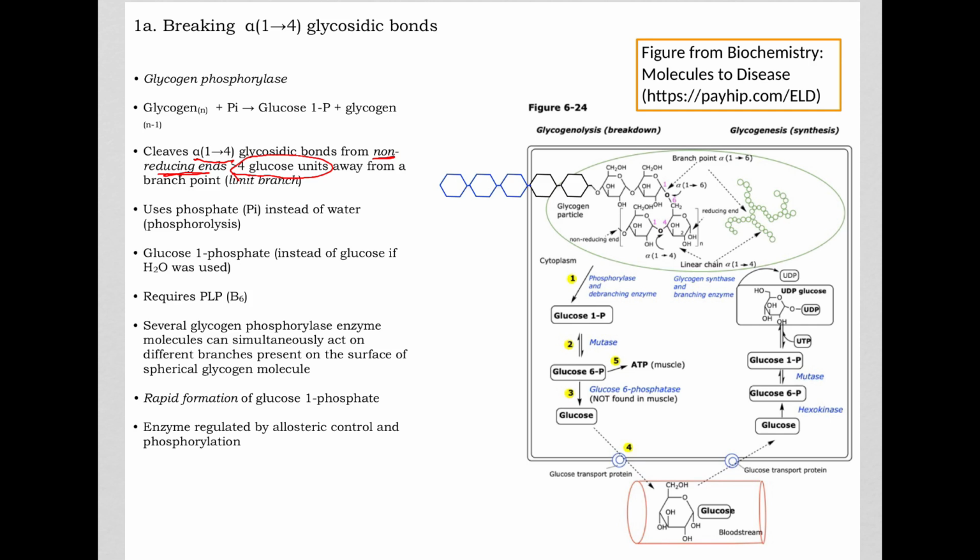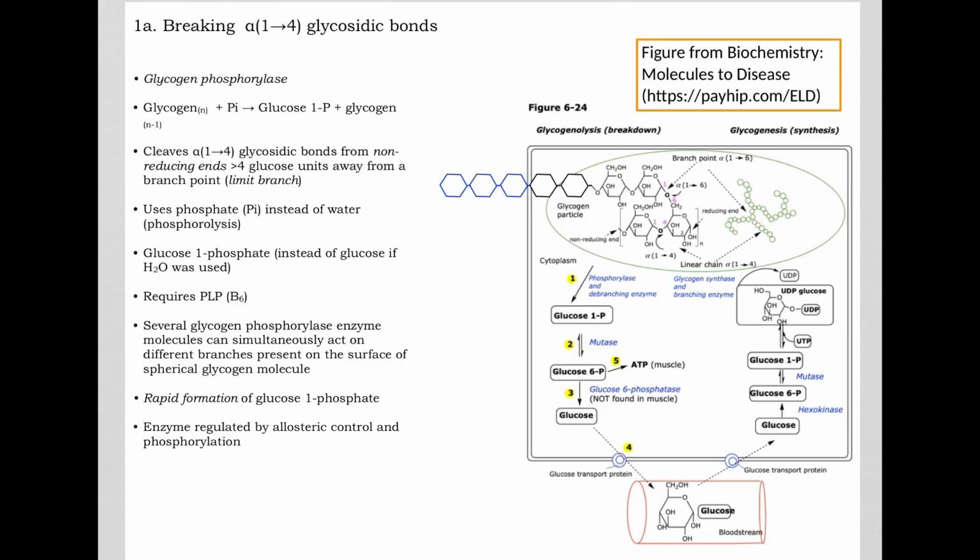So if you look at this picture here, this enzyme will break down alpha-1,4 here, alpha-1,4 here, alpha-1,4 here, and now we are 1, 2, 3, 4 units away from a branch point, and the enzyme will stop working on this branch. This short branch, 4 units away from the branch point, is called the limit branch.